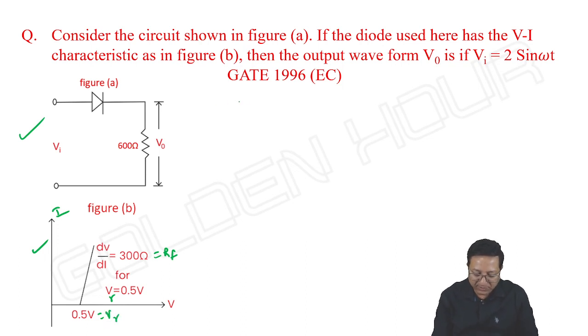Then instead of the diode, I can write its equivalent circuit. V gamma is 0.5 volts, RF is equal to 300 ohms.